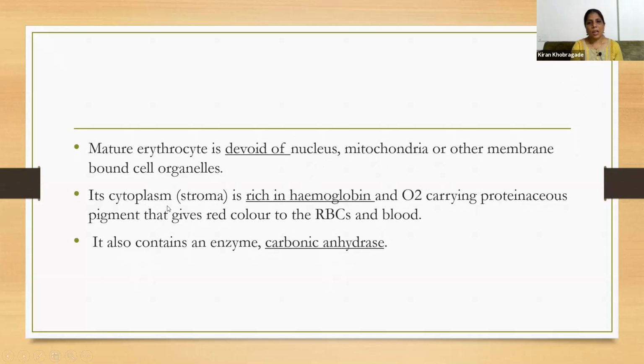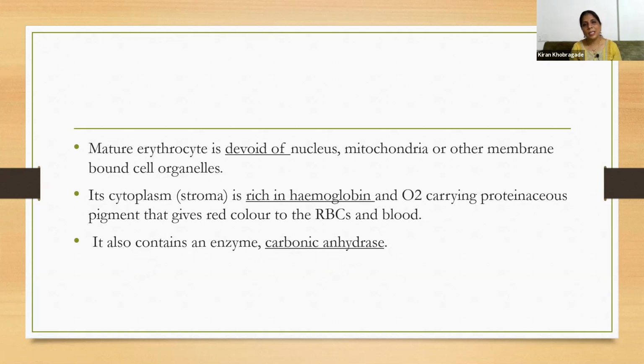Now, when we see RBC cells, the cytoplasm of RBC cells is rich in a pigment called hemoglobin. Its cytoplasm, that is stroma, is rich in hemoglobin, an oxygen carrying proteinaceous pigment that gives red color to the RBC cells and blood. Now, RBC cells contain an enzyme called carbonic anhydrase.